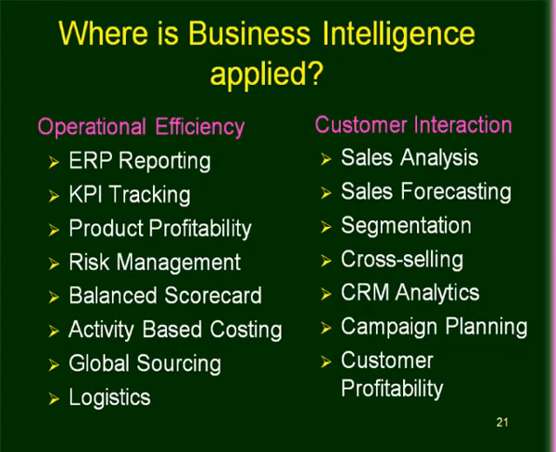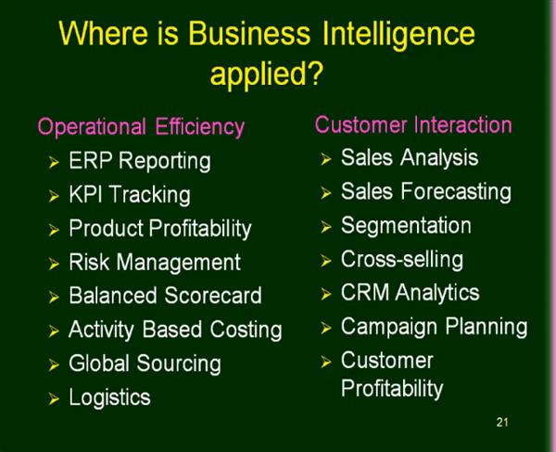BI can be applied within the business or in those areas that reach outside the business. A few examples are shown on the slide. Companies spend millions on ERP and find they are unable to report or analyze their data. In that situation, BI is more useful.